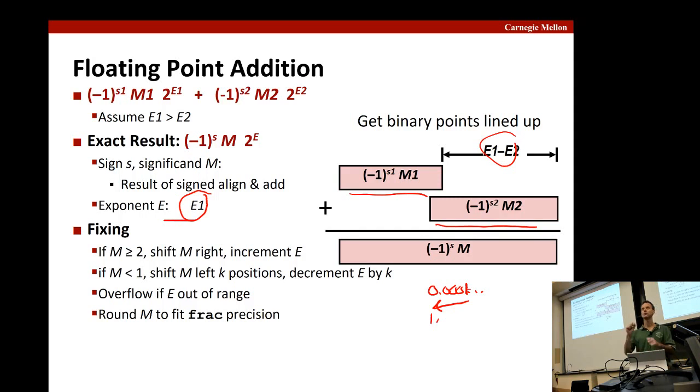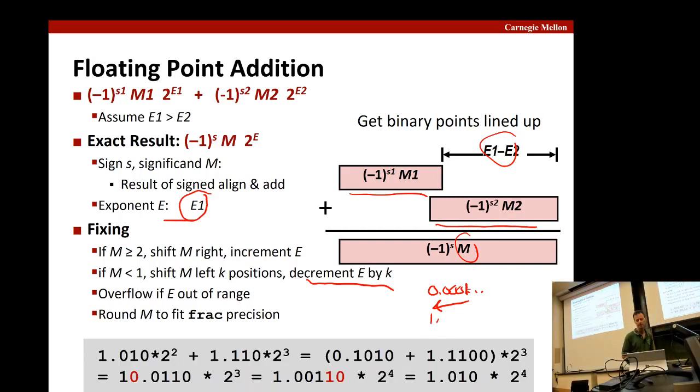And then to keep the exact same value, we have to decrement the exponent by how many positions we shifted. We're going to overflow if the exponent is out of range, and we again have to do rounding with the fractional part to make it fit. Round the significand m to make it fit.